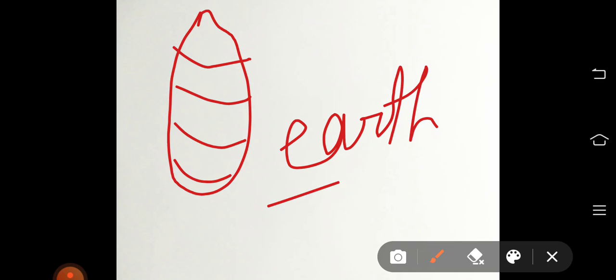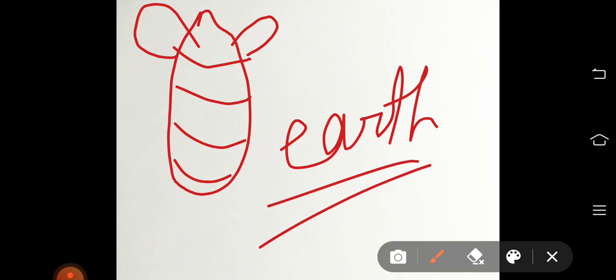Annelida is the most common example. Please learn Annelida. It shows segmentation. The body of the earthworm is segmented. You can see these segments, can't you? The body is divided into segments, you can say rings. And this pattern is called metamerism.